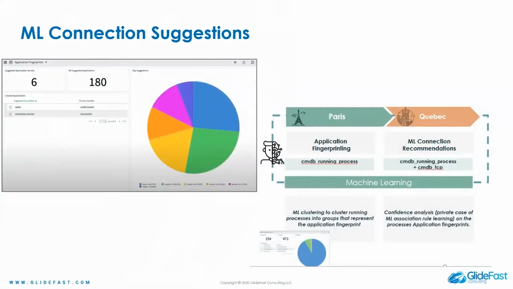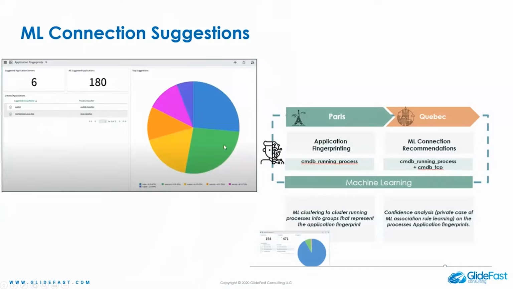So on the left side here, you have the application fingerprints dashboard. Like I was saying, it suggests certain application server is still a part of the application class. So don't think of server, think of application here. It's just like a subclass of application. So it gives you all suggested applications and more specific ones for application server as well.